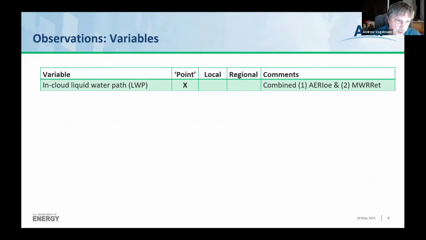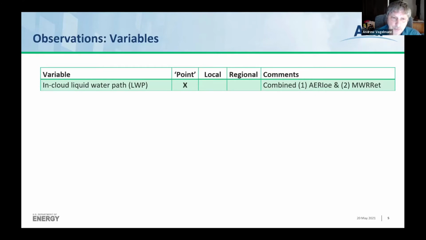For the first variable, we work with liquid water path. This is the column-integrated amount of liquid water above the sensors. We use in-cloud, not domain-averaged, which means zeros are not added in for clear-sky values. This is only when a cloud is present.